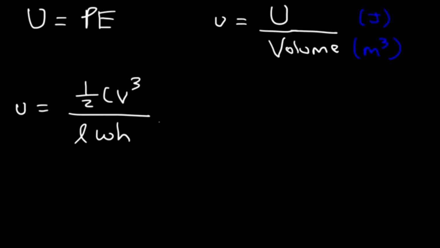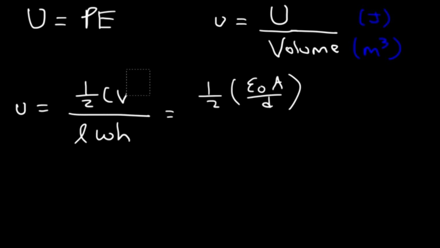Now C, let's say if we have a capacitor that doesn't have a dielectric, it's going to be epsilon sub naught times A divided by D. And I wrote Q. This is supposed to be squared. So let me go ahead and fix that. That's supposed to be a 2 and not a 3.